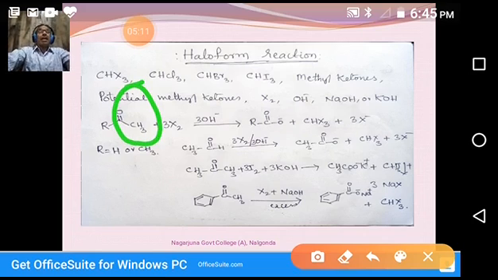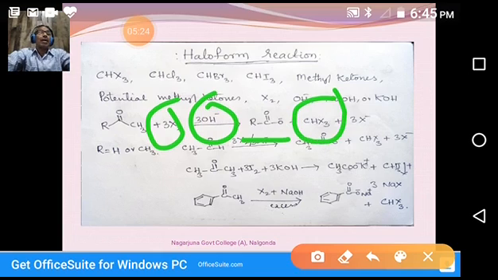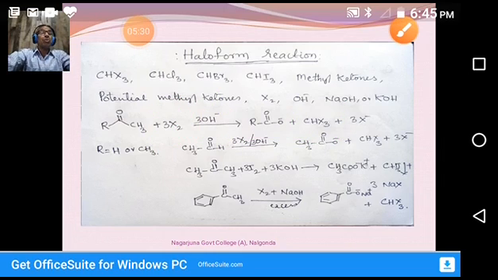This methyl ketone, in presence of halogen and base both in excess quantity, gives a carboxylate ion and CHX3, that is a haloform. This is a general reaction for the haloform reaction.